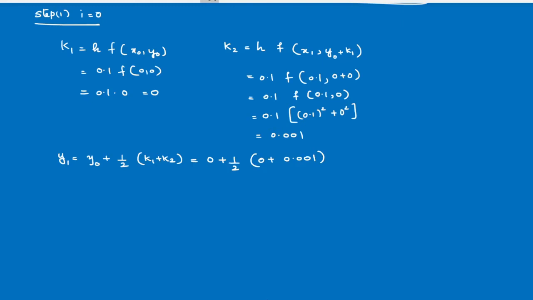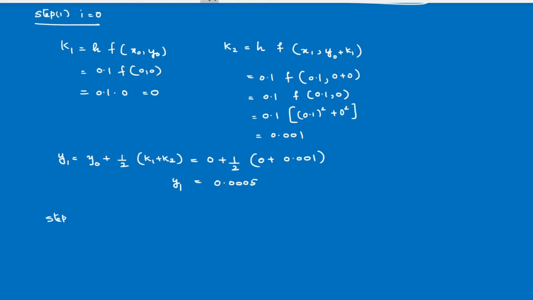Simplifying this, you will get 0.0005. Now you have got y1 as 0.0005.